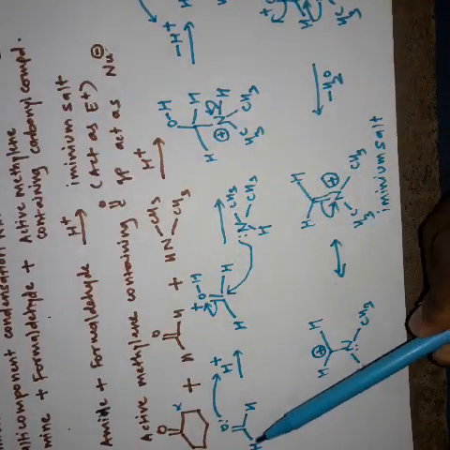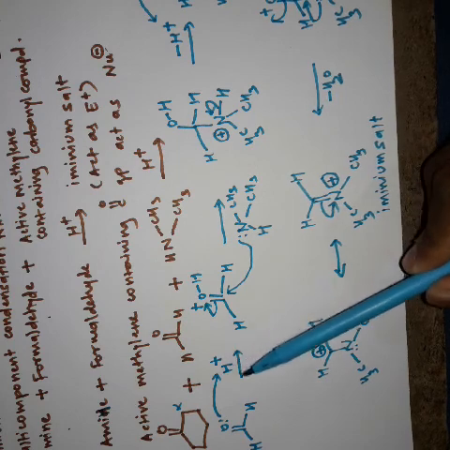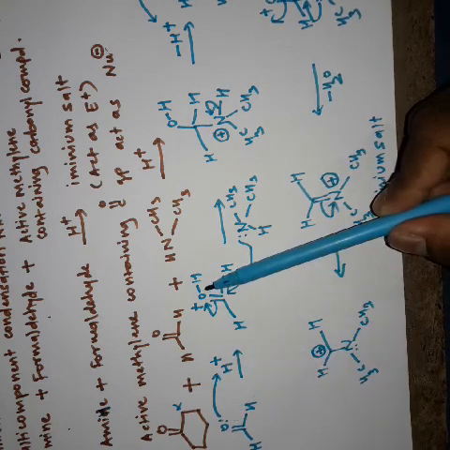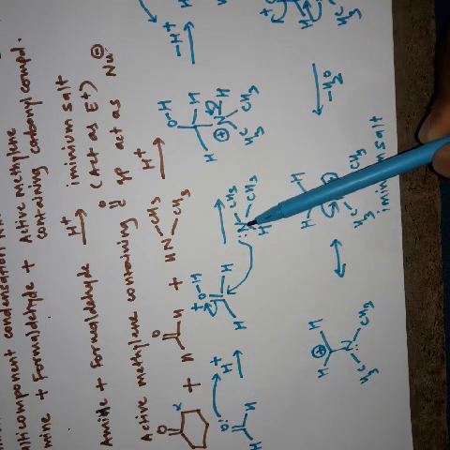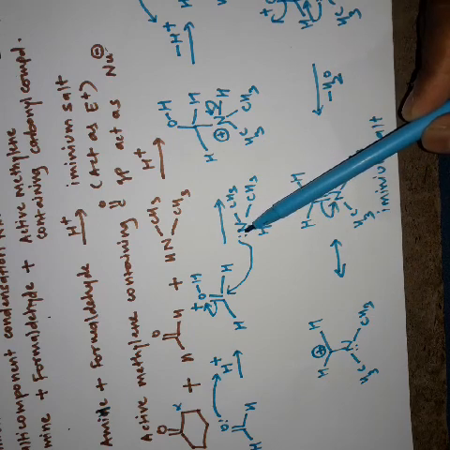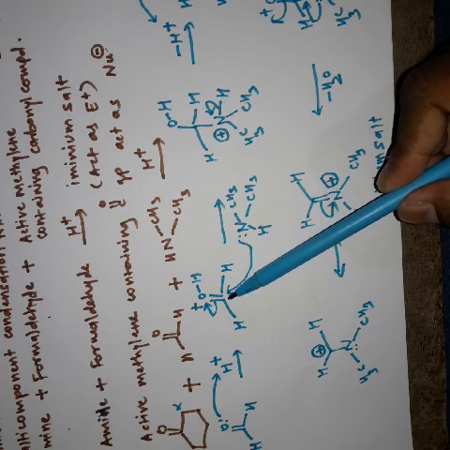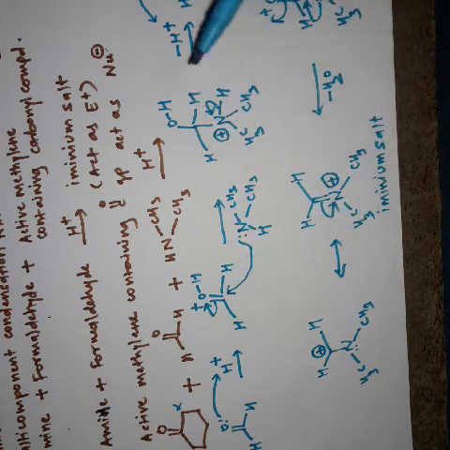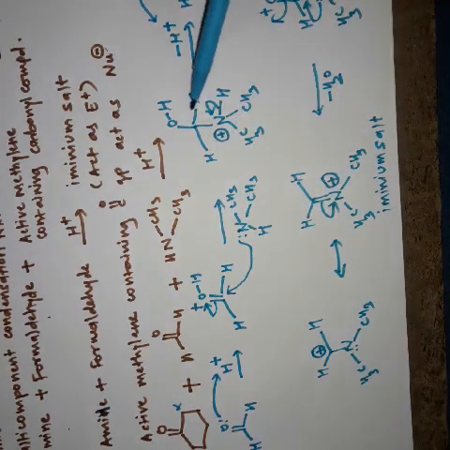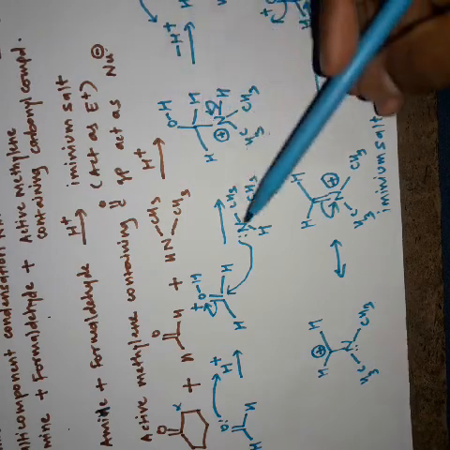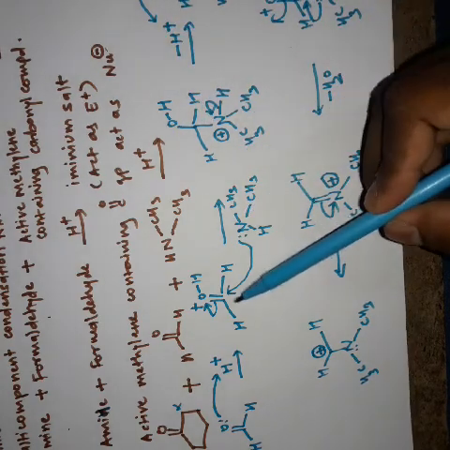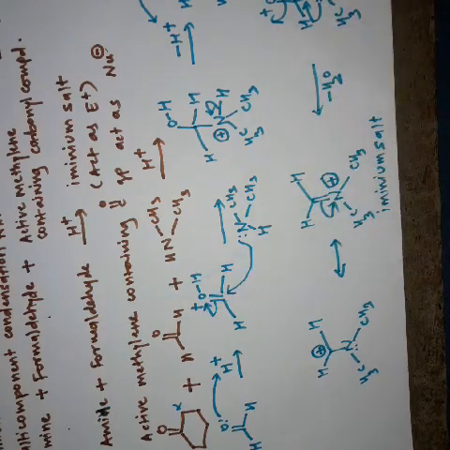Let me repeat once again. When the formaldehyde reacts in the presence of acidic condition, the oxygen gets protonated, and then we have an amine in which the nitrogen's lone pair will attack at this carbon, because this carbon is electrophilic in nature. A new bond will form to stabilize this positive charge.